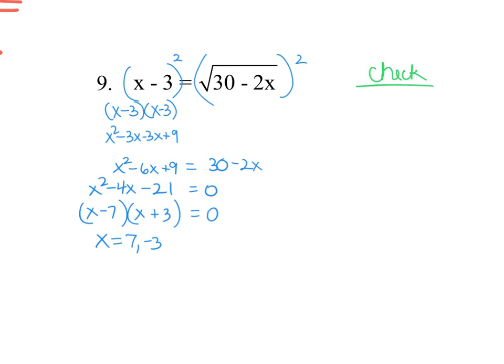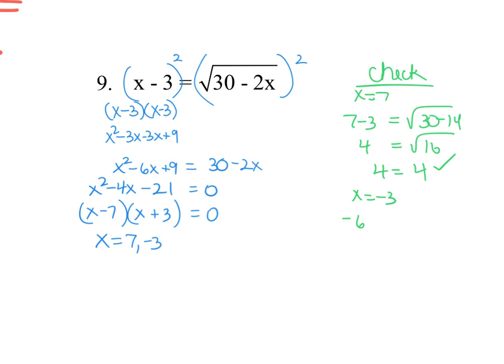One, plug them in. Okay, so let's check x equals 7. 7 minus 3 is 4. And 4 does equal the square root of 16, which is 4. So 7 works. If you're checking -3, when we plug it in, you get -6 equals the square root of 30 plus 6.